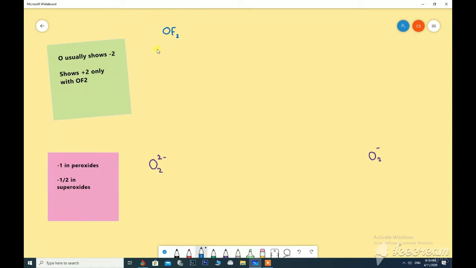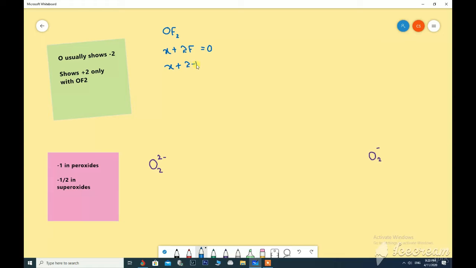Here, now we are going to find the oxidation value of oxygen in OF2. Let's take it as simply x. And you can see here there are 2 fluorine atoms. The sum should be equal to 0 because in a neutral compound, the sum of the oxidation numbers should be equal to 0. We know fluorine always shows -1.